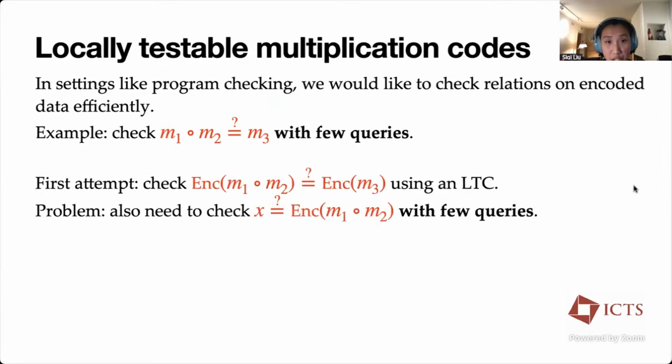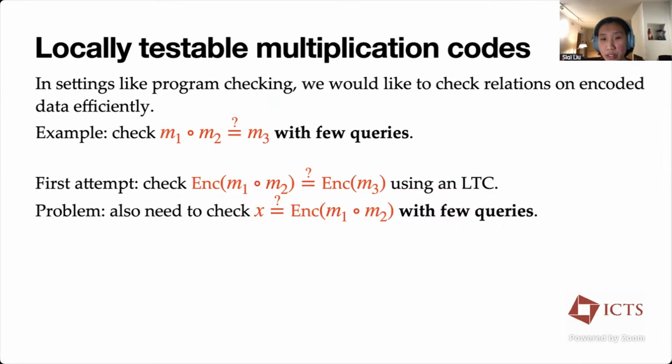First thing to note is that checking equality with few queries is already something we know how to do. What we could do is just use locally testable codes and encode the vectors on the two sides of the equation with locally testable codes. Then we first check that these two vectors are close to valid codewords.